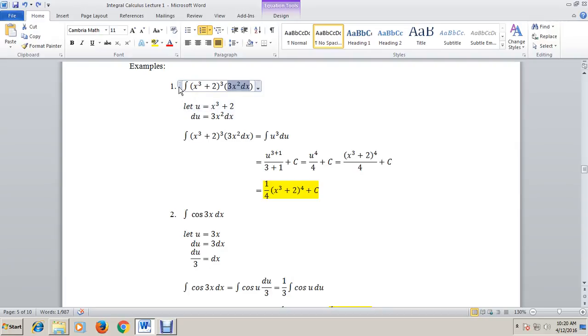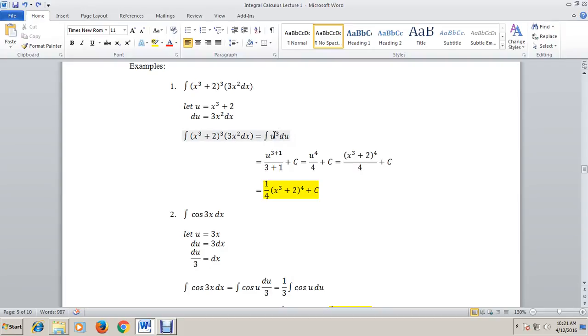So your original composite function can be written in the form of the integral of u raised to 3 du, since u here is x cubed plus 2 and du is 3x squared dx. So your original function x cubed plus 2 raised to 3 is u cubed, and your 3x squared dx is du. From here you are left with the integral of u raised to 3 du.